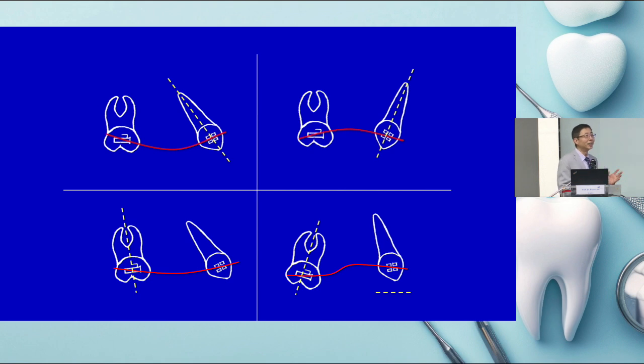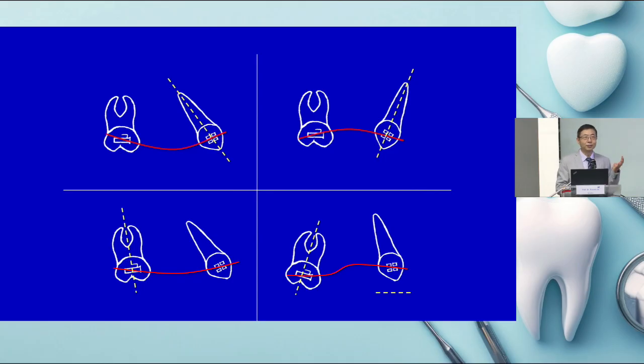We don't know what happened on each tooth, because straight wire tells us we put the angle in the brackets. Now we know the angle, but how about location? I just said the V-bend mechanics has two very important factors.